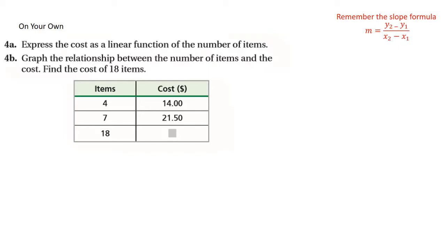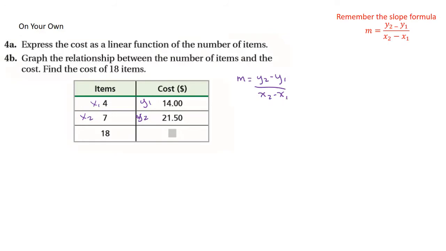Okay, so part 4a says express the cost as a linear function of the number of items. All right, so we have x1, y1, and x2, y2. So first of all, let's use our slope formula: m equals y2 minus y1 over x2 minus x1.